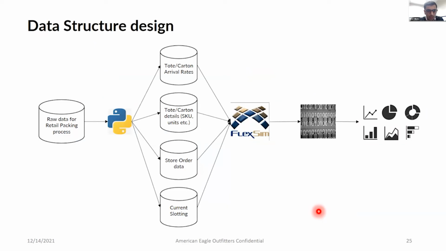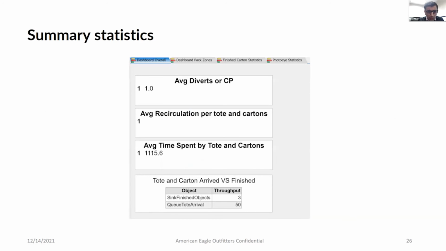The data structure, I'm sorry, I'm running a little bit faster through this, but I had to use Python to do some data manipulation to make sure that the data I'm getting from the raw system is usable for FlexSim. And then all the dashboards were built inside FlexSim. Some things we were mainly concerned to look at is how many average diverts we have per tote.